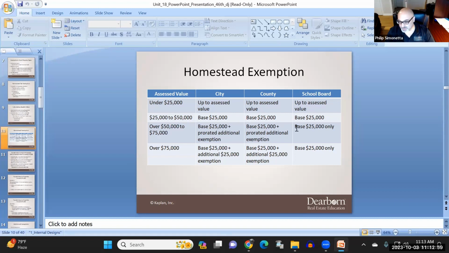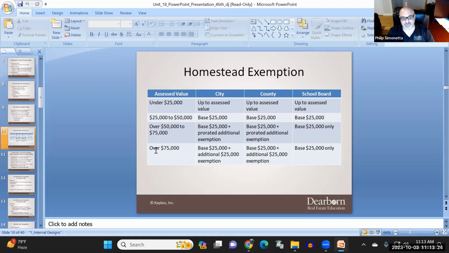And the school board, you only get 25. The school board benefit taps out at 25,000. You can never get more than a $25,000 credit on school taxes. You got that? Got it. So school taxes are 25 all the way down, no matter what. You can't get any more than that automatically.